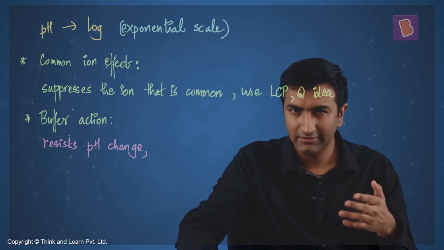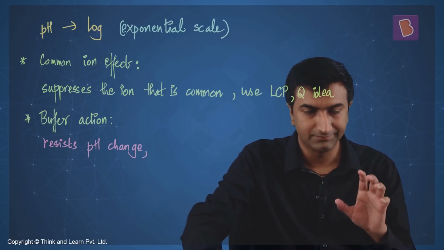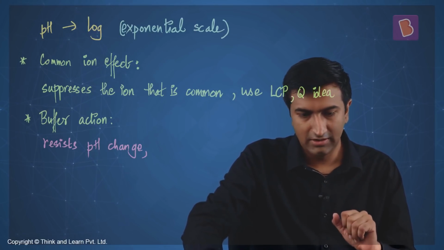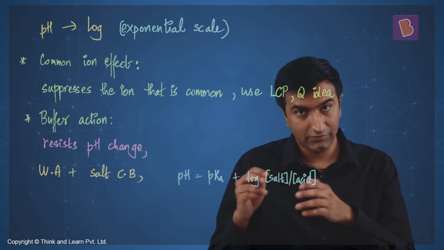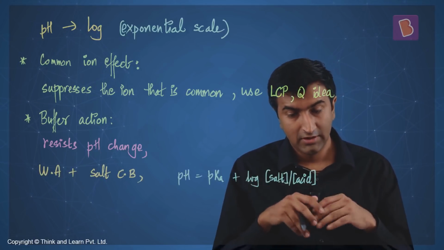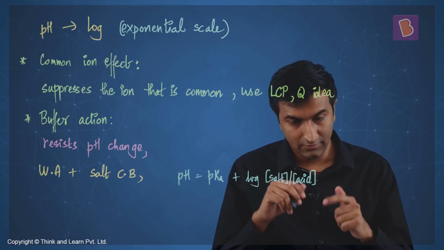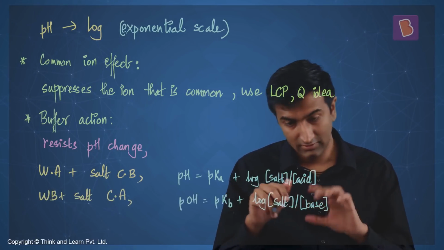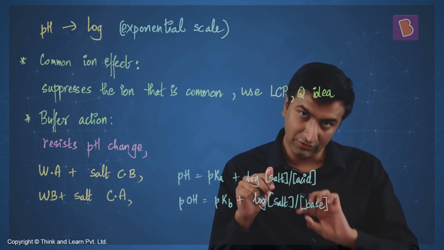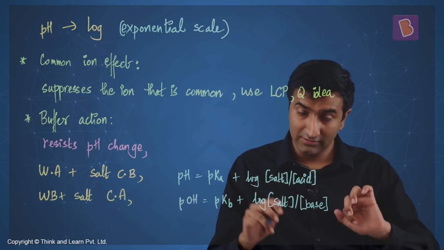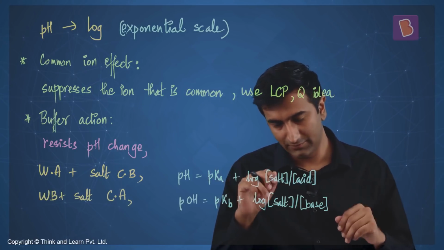All right. So buffer action is something that just resists pH change, yeah, for a small range. So generally, a weak acid and a salt of its conjugate base forms a buffer. The pH value is given by this expression over here. A weak base plus a salt of its conjugate acid gives you a pOH value, which you can calculate here. Again, this is for a monobasic acid or base, obviously.